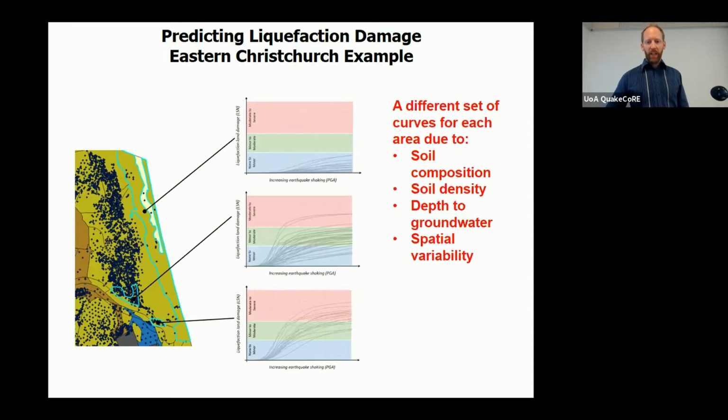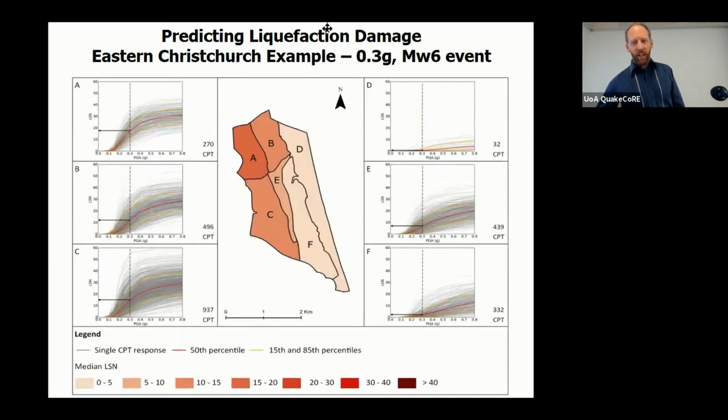So the nice thing we can then do, here's an Eastern Christchurch example, is where we can collate some of those CPT test results, take them through those models, and then look at what's being predicted. Area D is obviously an area that's quite resistant to liquefaction, and area A is least resistant to liquefaction.